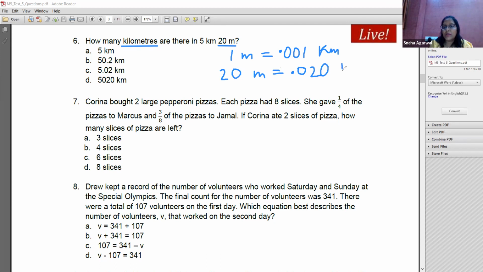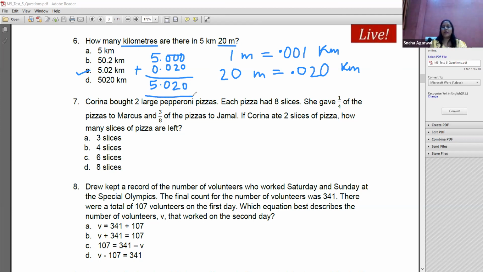Okay, this is kilometer. So when you have to add 5 kilometer plus 0.020, you are getting the answer as 5.02. Since you don't have anything after this 5, you can just put a 0 over here and then add 0.020. If you add, guys, you are getting the result as 5.020. So that makes 5.02.